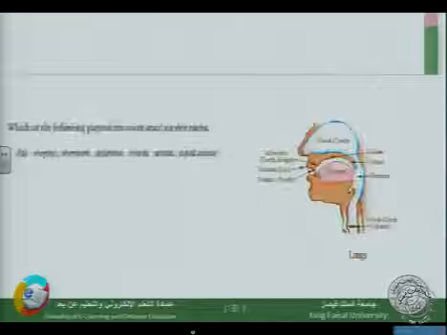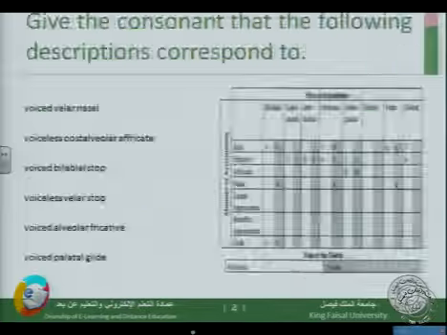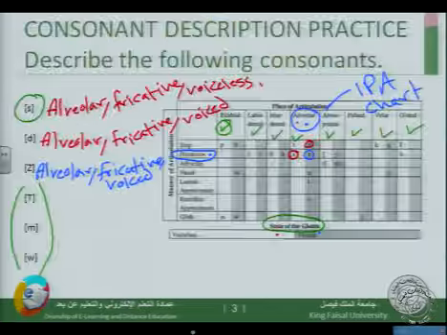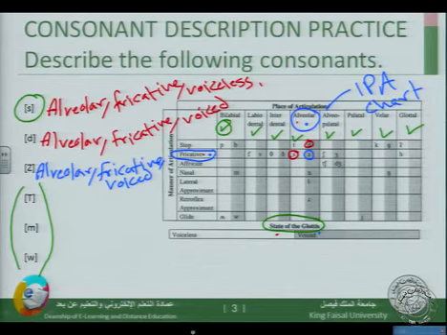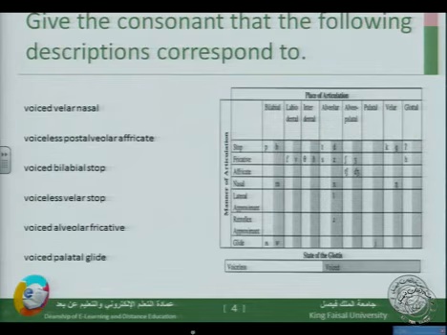So again, what we have covered in this class were the exercises. The first exercise was how to describe the consonant using the place of articulation, the manner of articulation, and the status of the glottis, and I have done 3 of them.